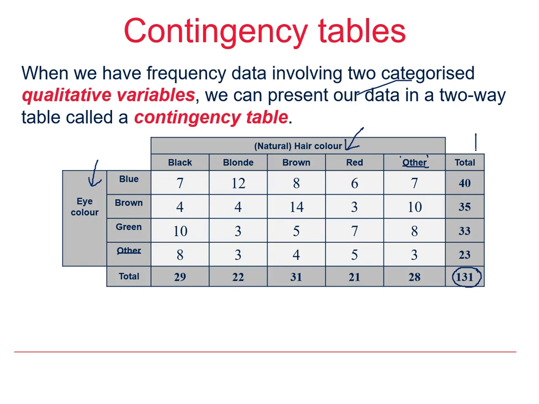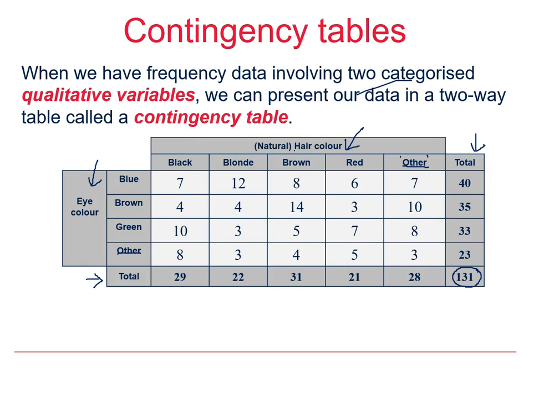And also notice that we have a column and a row for totals here, and you may find you're presented with a contingency table, in which case always evaluate the totals, or if you produce one yourself, again always evaluate the totals and check that the totals for your rows and the totals for your columns add up to the same overall grand total.